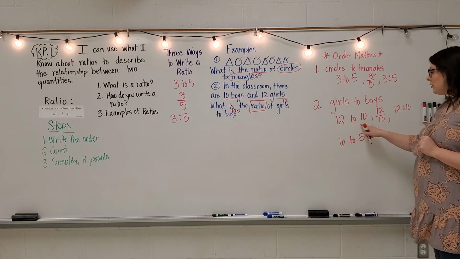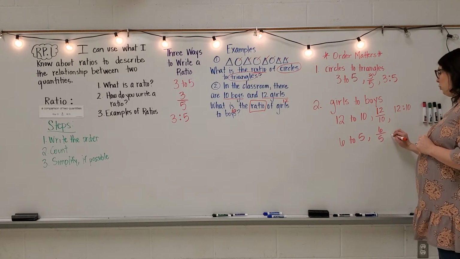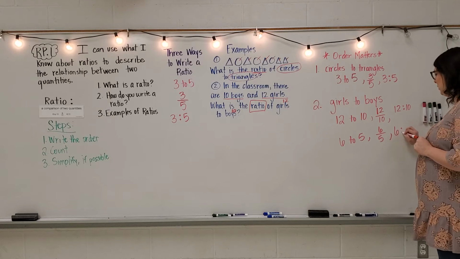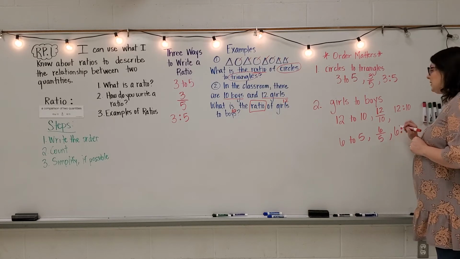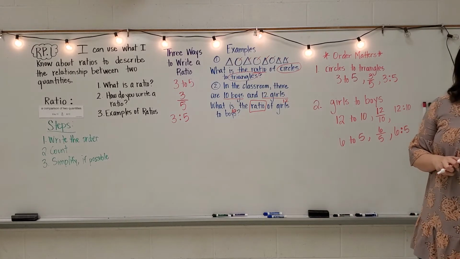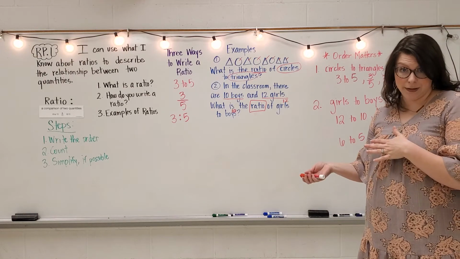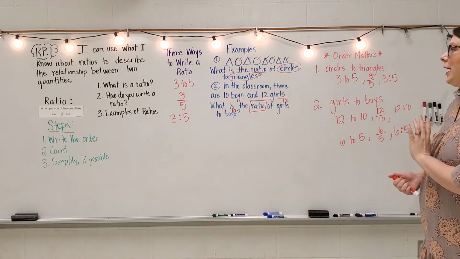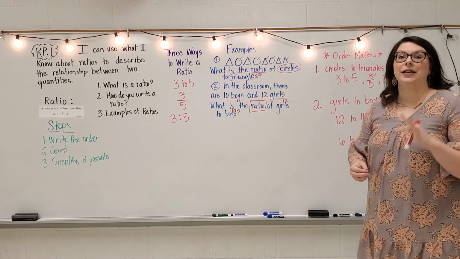So 12 to 10 and 6 to 5 are equivalent, just like equivalent fractions, which can be equal if they can be simplified by the same factor or multiplied by the same factor to get the new fraction.